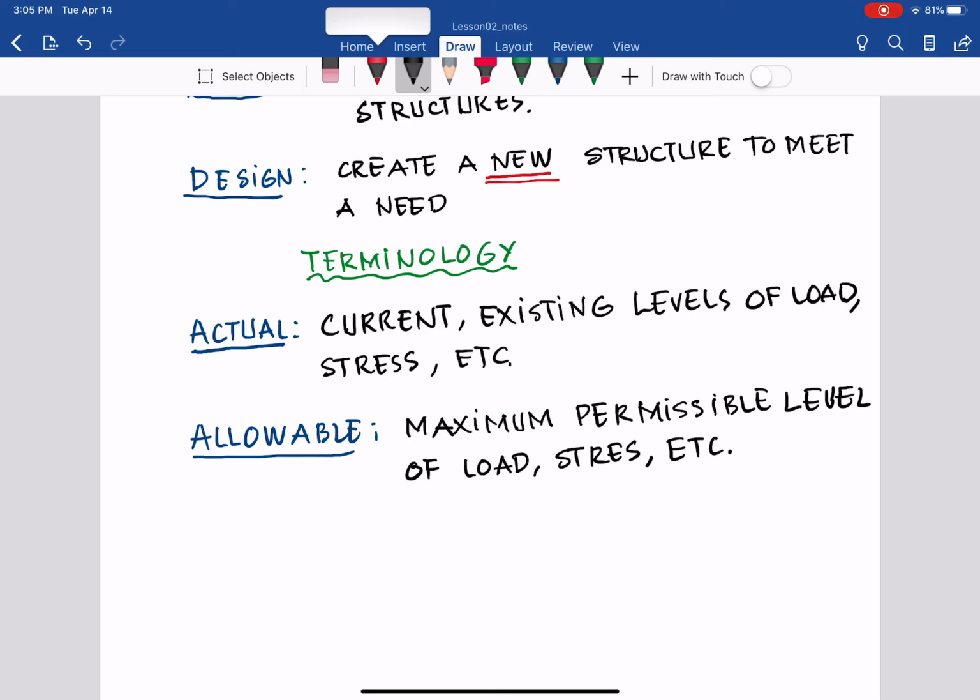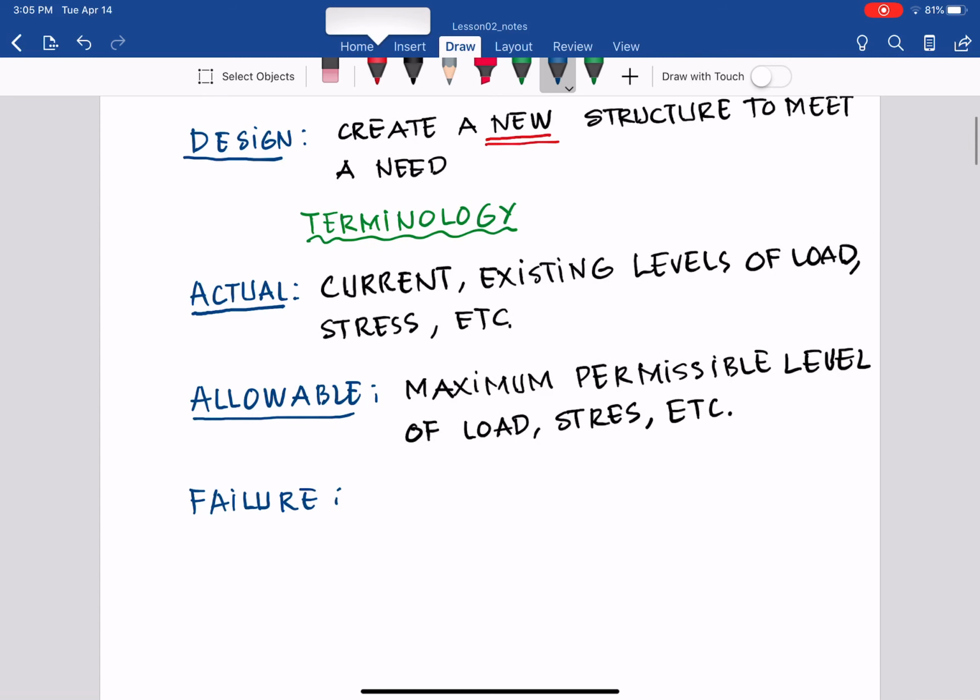And then the last one is the failure. What does that mean?